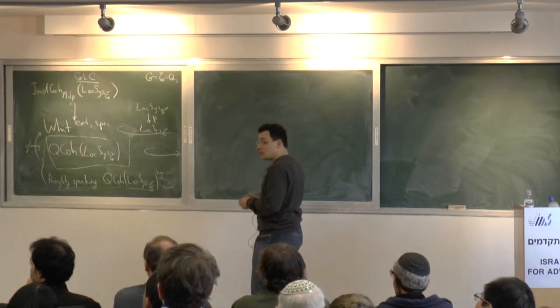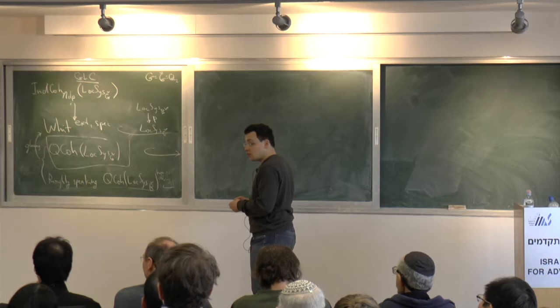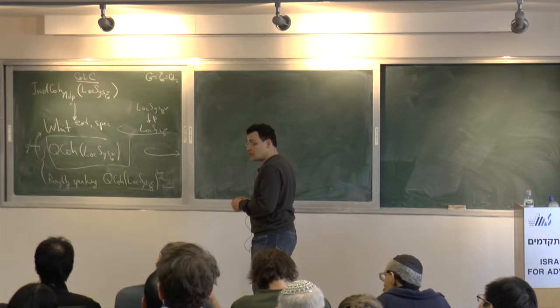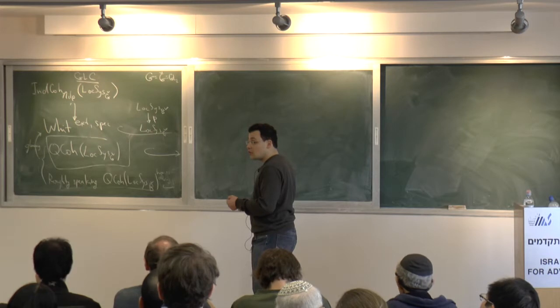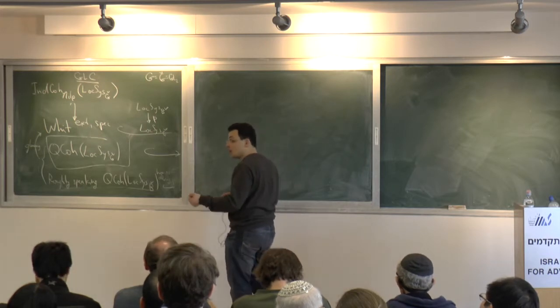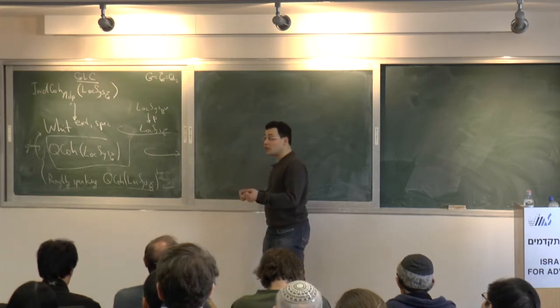Spectral, where does it come from? In number theory, we have the spectral side and geometric side of the trace formula. It's by analogy, but this is the Galois side. It's like the spectrum of the Hecke algebra or something like that.